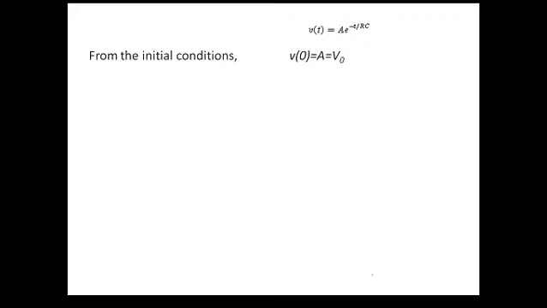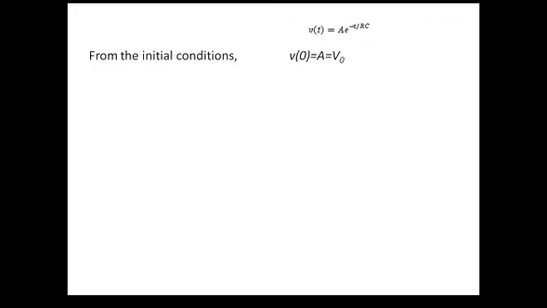So from the initial conditions, what is the initial condition? Already we know, because of the energy stored in the capacitor, we have some voltage, that is V of 0 equal to V naught, right? So just substitute t equal to 0: V of 0 is equal to A into e power 0, right?